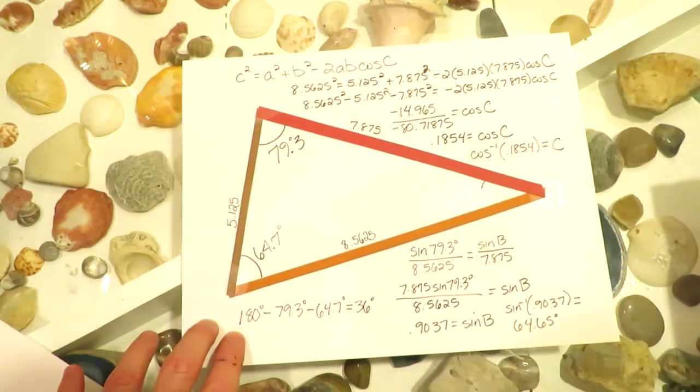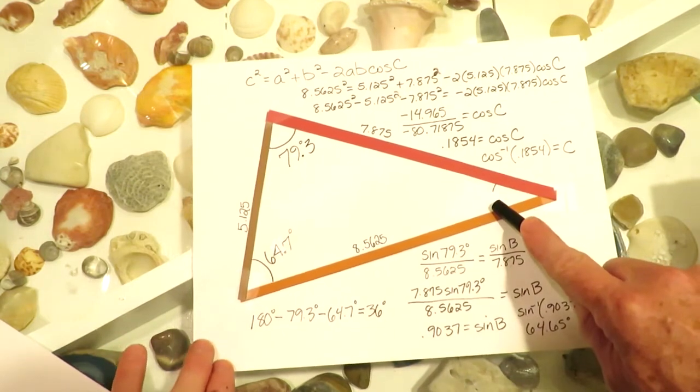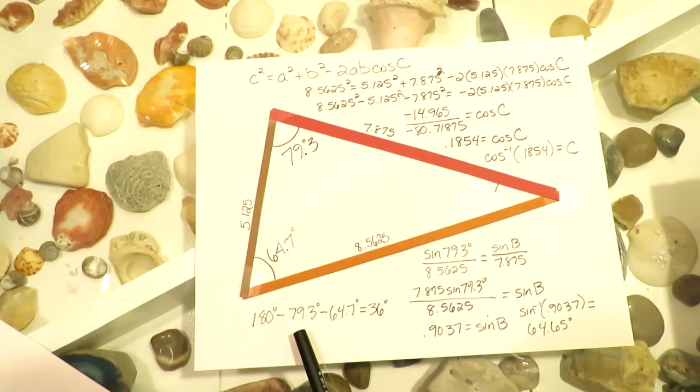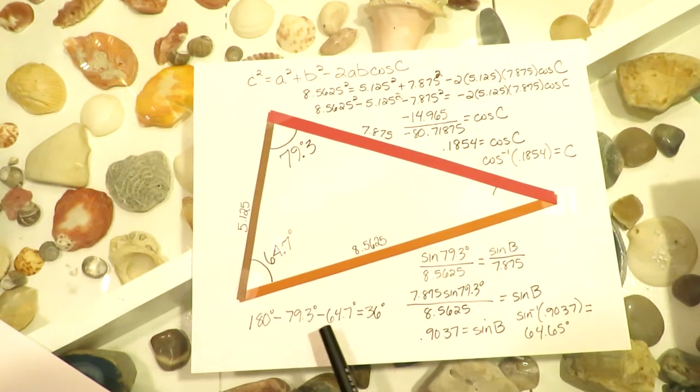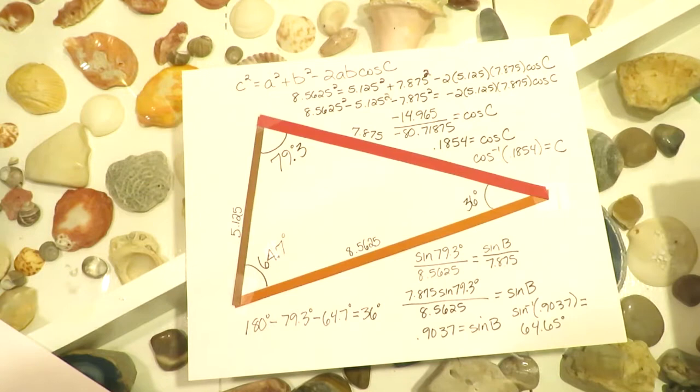So that is angle B. Now to get the last angle, we might as well do the simplest thing. All three angles have to add up to 180. So if I subtract 79.3 and I subtract 64.7, that will give me 36 degrees. That is angle A. So I now have all three sides and I have all three angles.